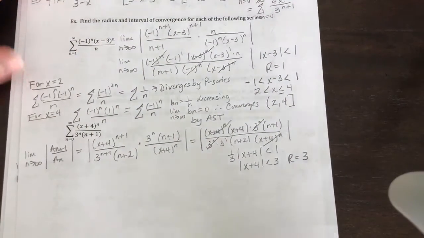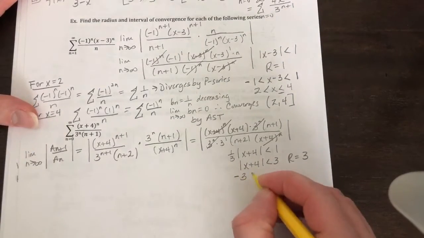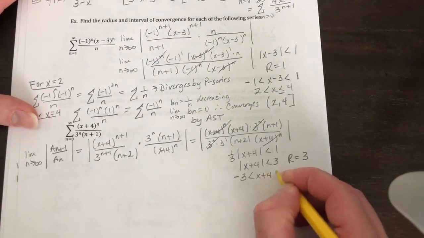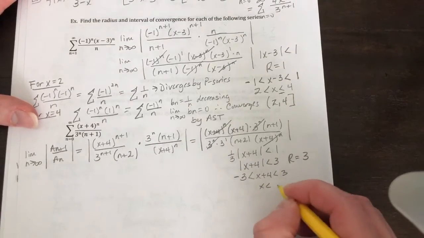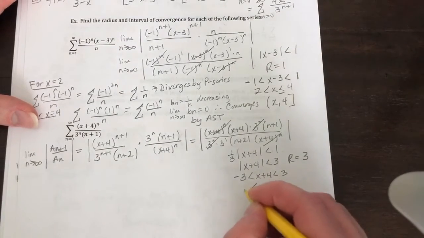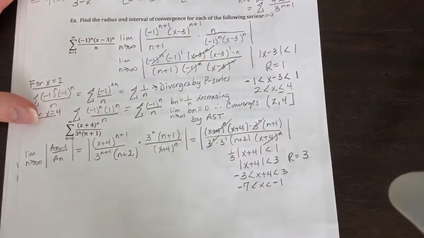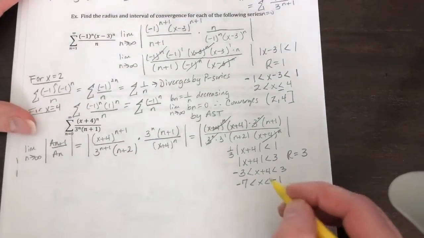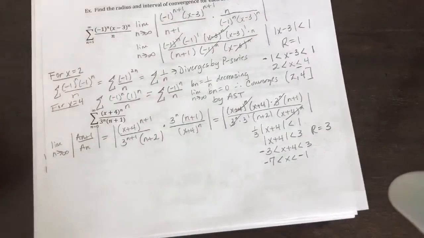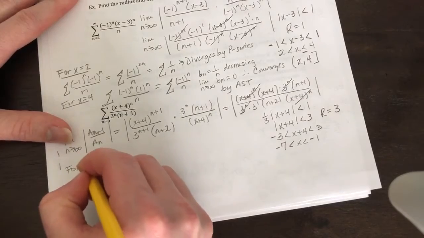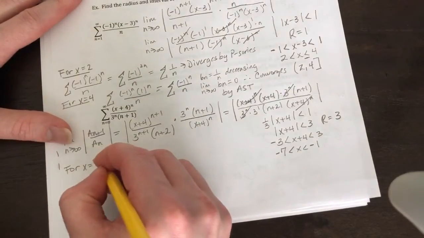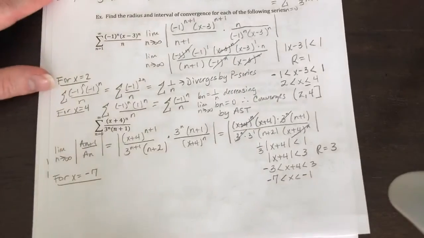Now, just like we did in the previous problem, we're going to drop the absolute value sign, and then we're going to solve for x by subtracting 4. So that's our possible interval of convergence right there. Okay, so once we get that, we're going to take each endpoint and plug in.